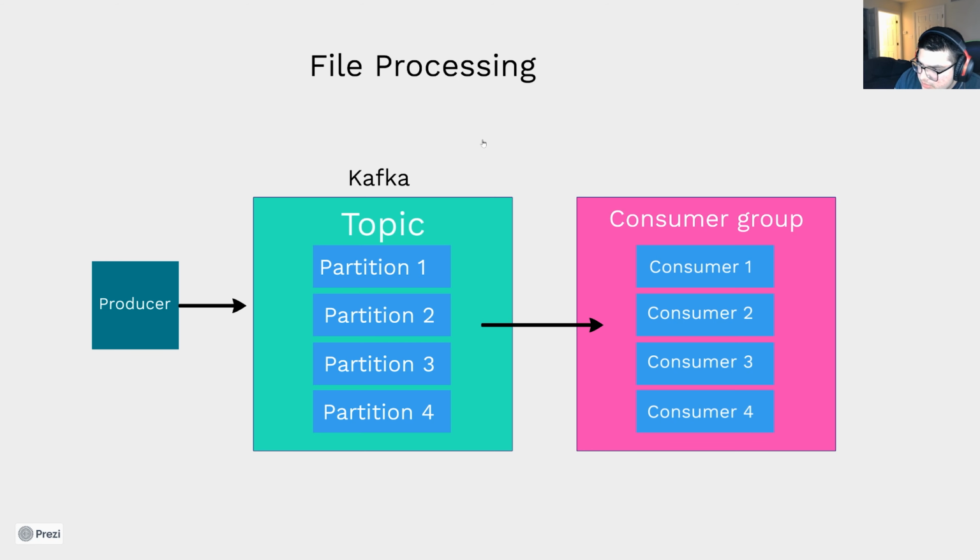Our producer in our example would be a Java service that has a REST endpoint that takes in files. After it takes these files, it's going to drop these files in a folder. Let's assume that's a NAS folder or a blob storage. After it drops it into that folder, it's going to produce data to our topic. Once the data is produced in our topic, our consumers would receive that data.